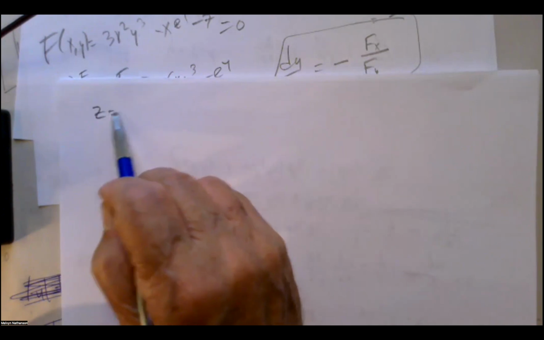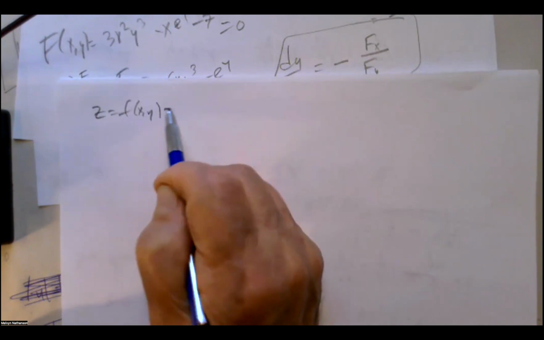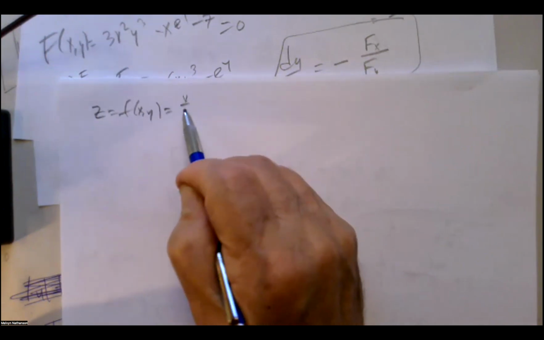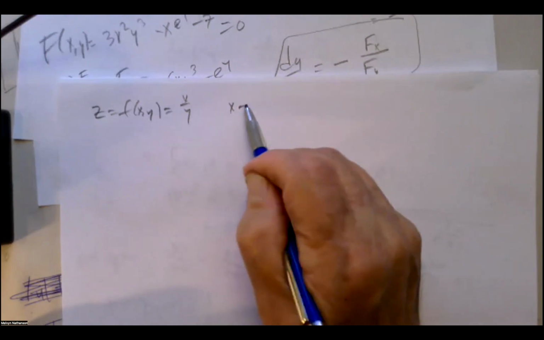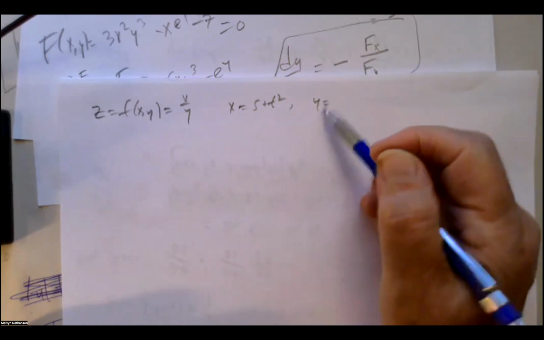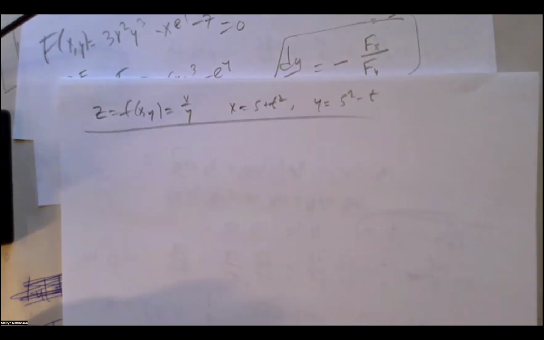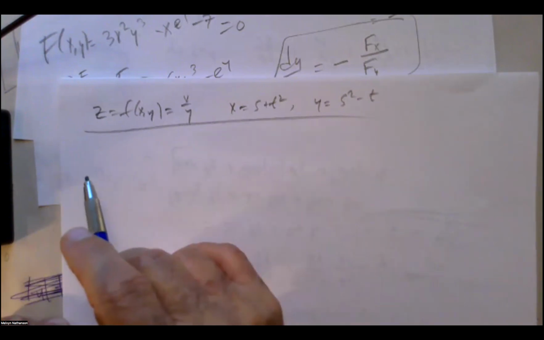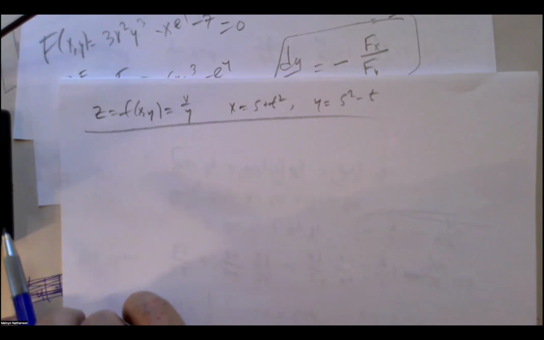So I have Z is a function of X and Y. It's equal to X over Y. And X is S plus T squared, and Y is S squared minus T. And what are the second partial derivatives?